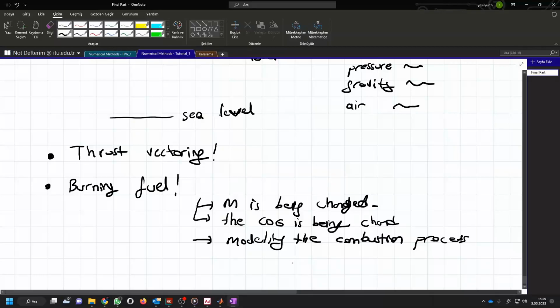Or make measurements using sensors about the combustion process.